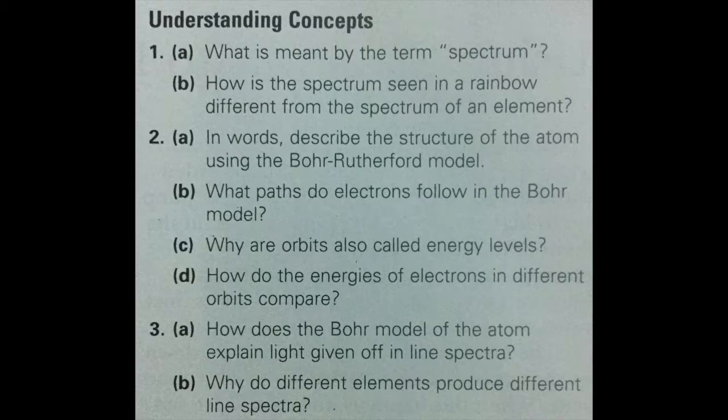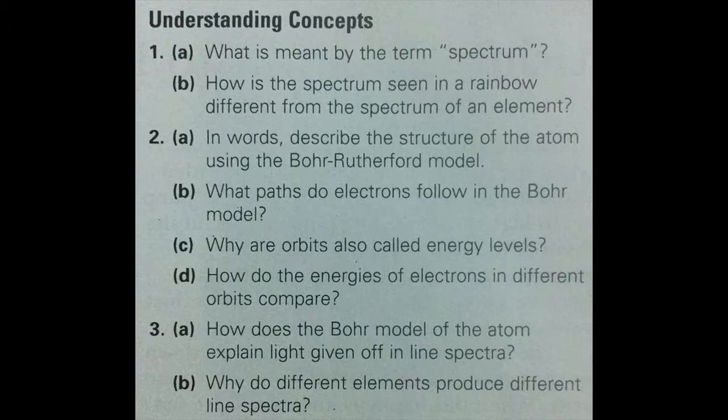Understanding concepts. 1. A. What is meant by the term spectrum? B. How is the spectrum seen in a rainbow different from the spectrum of an element? 2. A. In words, describe the structure of the atom using the Bohr-Rutherford model. B. What paths do electrons follow in the Bohr model?